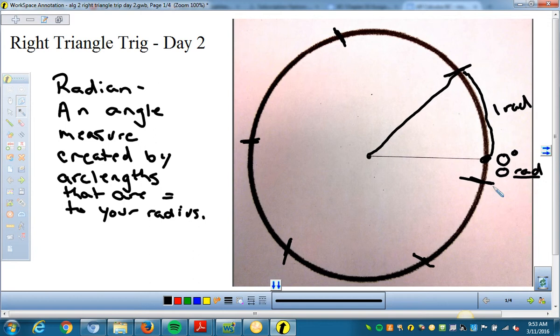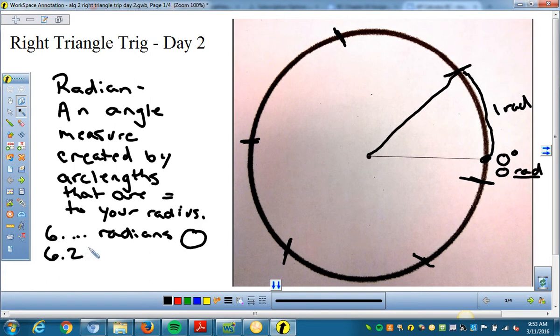So it takes 6 point something radians to get around the entire circle, for a full circle. We all should have seen that. And the actual value that it takes for radians to get around the circle is 6.28.